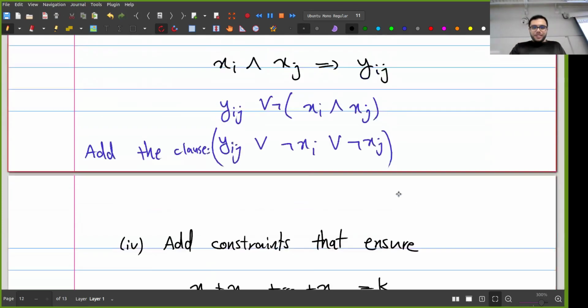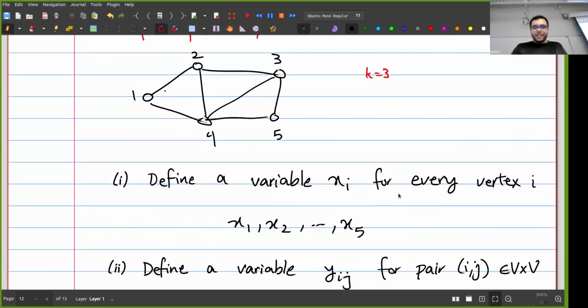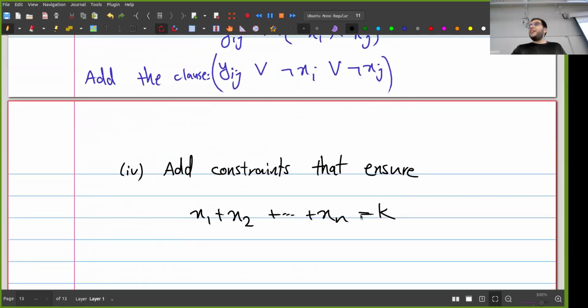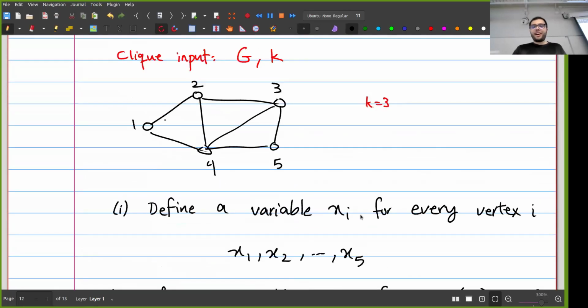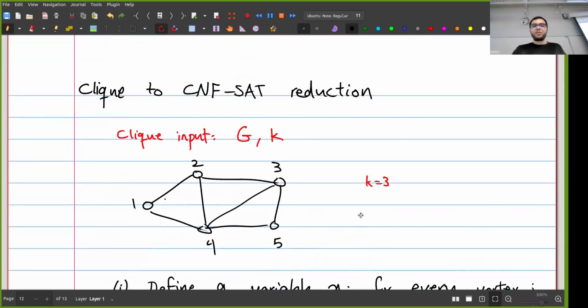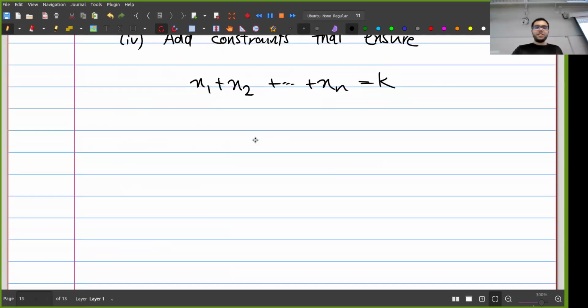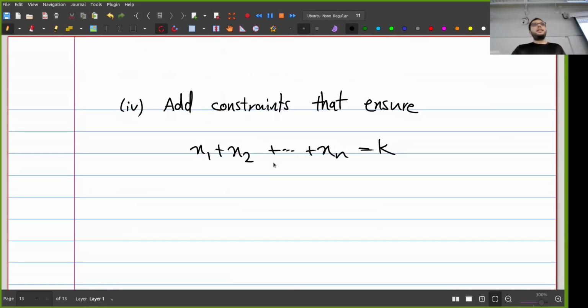But the important point is that now I got a reduction, assuming that I can do this part. My reduction runs in polynomial time, and other than that, it also preserves yes instances and no instances. So if I give you an instance of clique, you can apply this reduction, you will get an instance of CNF SAT.